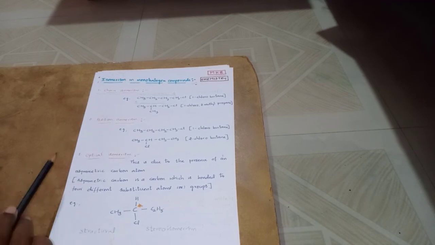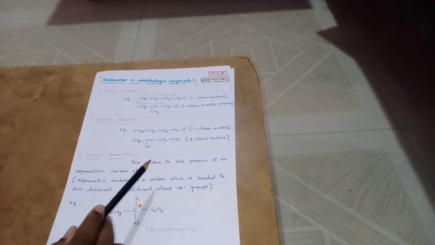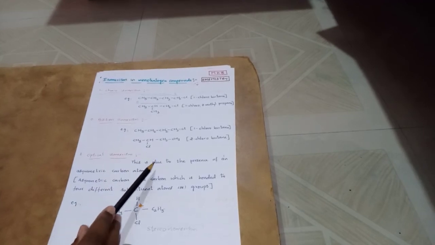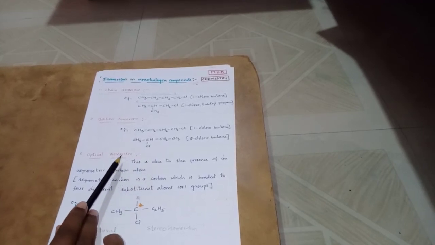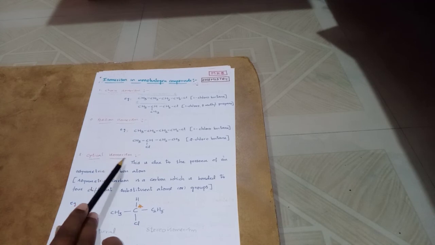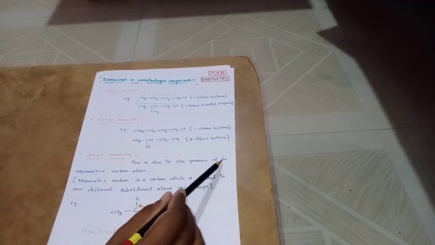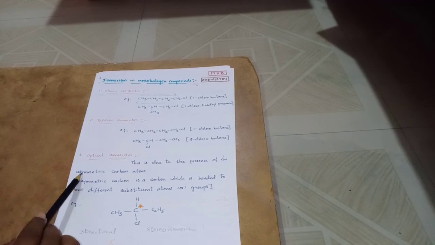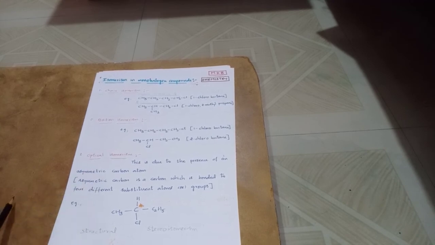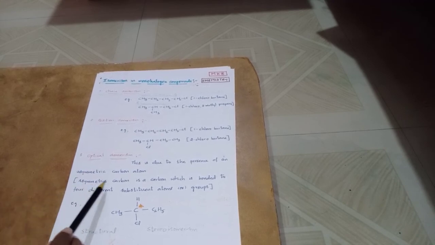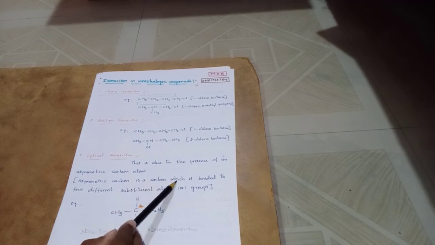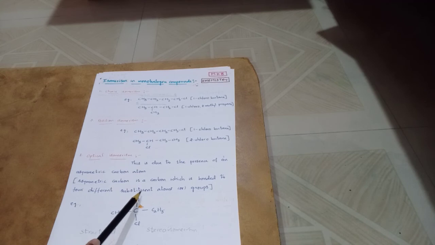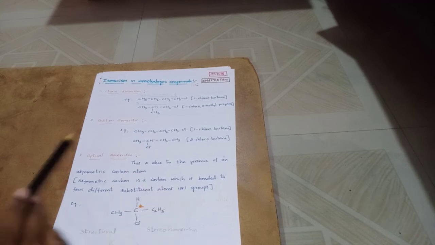We have many conditions to exhibit optical isomerism. One of the conditions is the presence of an asymmetric carbon atom. So what is an asymmetric carbon atom? An asymmetric carbon is a carbon which is bonded to four different atoms or groups.